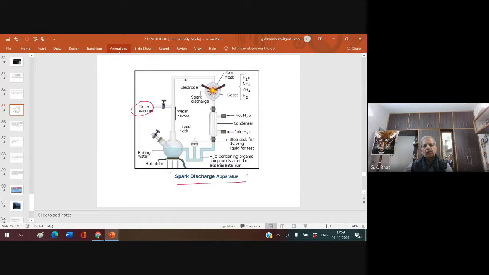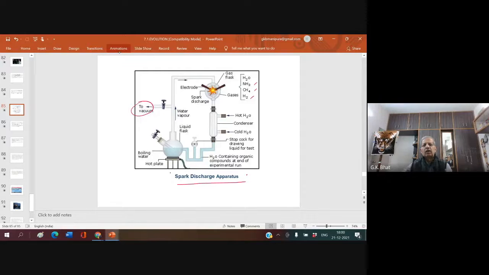After evacuation, they let in NH3, CH4, and H2, pumping these gases in. When the water boiled and evaporated, it pushed all these gases, which were inserted here, to pass through these tungsten electrodes.